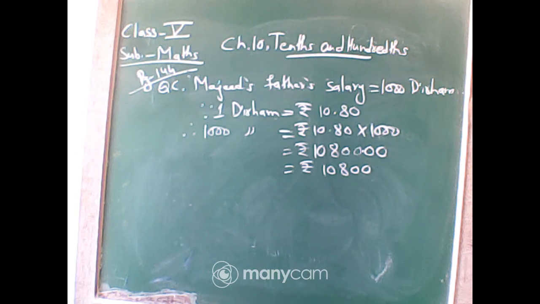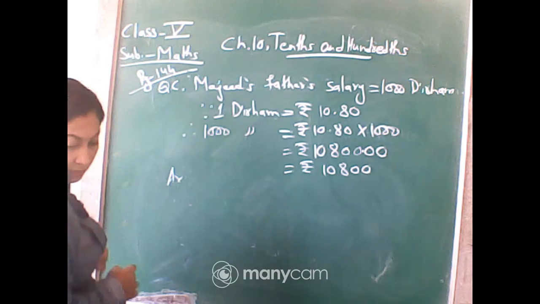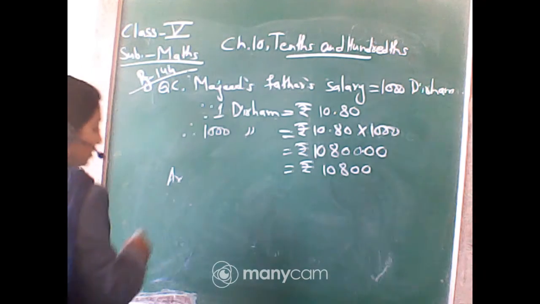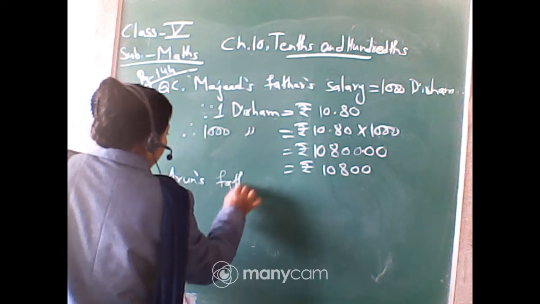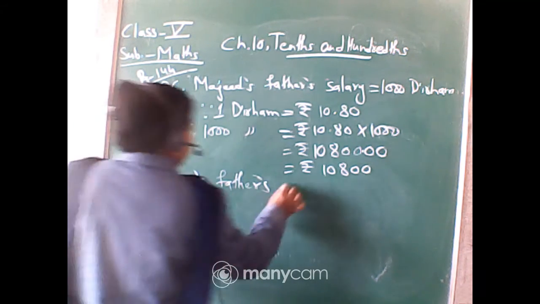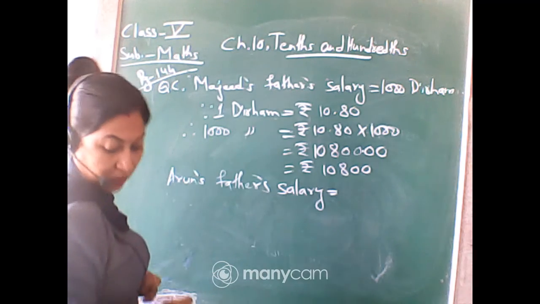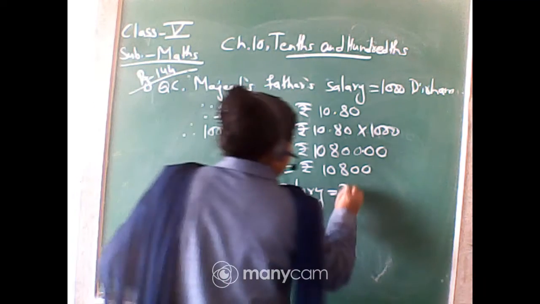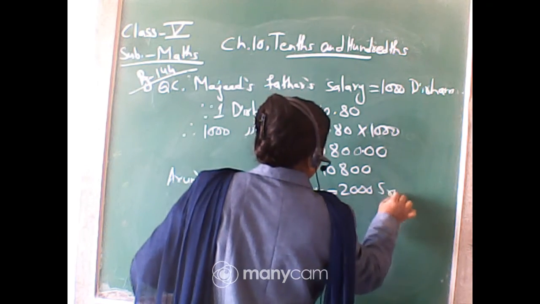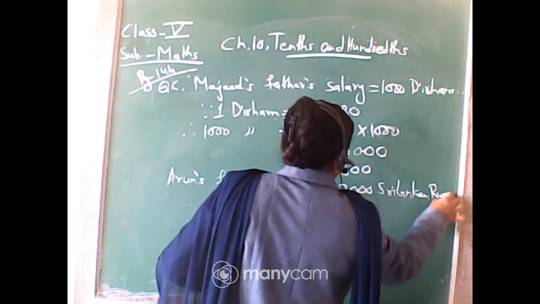Now let us find for Arun's father. So you will write Arun's father's salary is equal to 2000 Sri Lankan rupees.